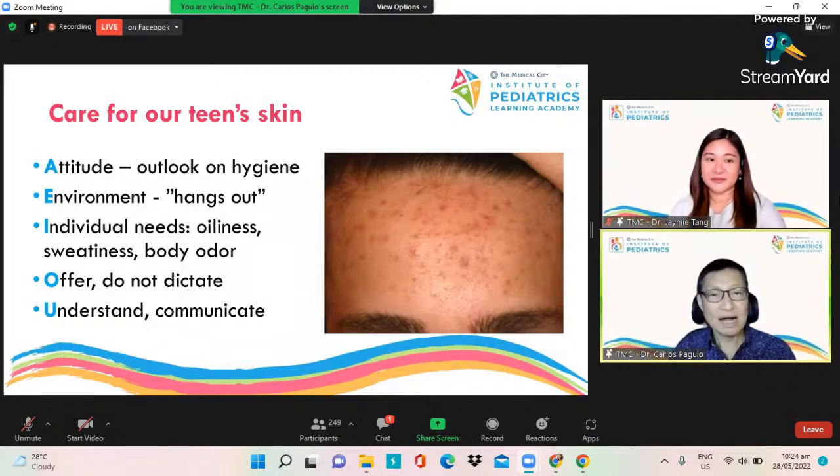Kasi po, ang ating mga teenagers and adolescents, they are in that special category or stage in life where they're trying to get their legs into the real world. They're starting to think like an adult, but do not have the wisdom and the experience of an adult. But they want to make their own decisions.